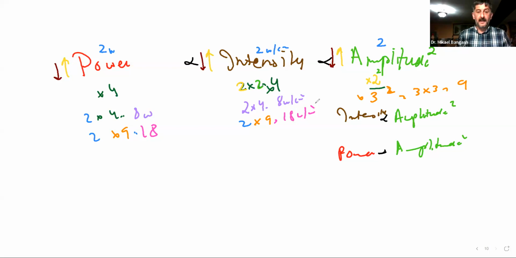Clear? But what you mainly see here is that whether we just double the amplitude or whether we triple the amplitude, the change in the power and the change in the intensity is the same.